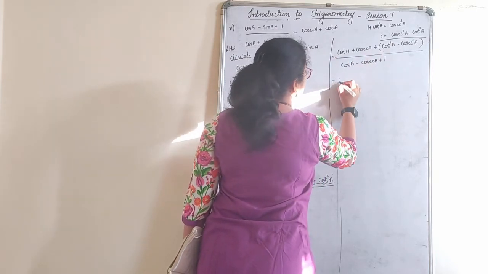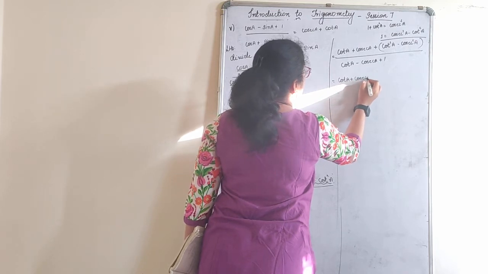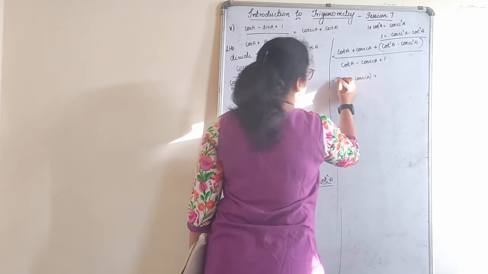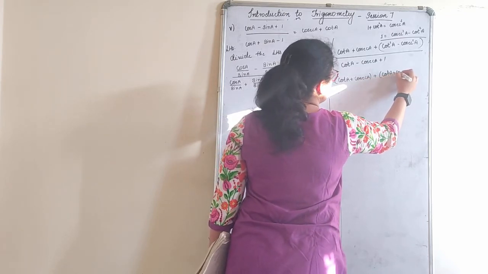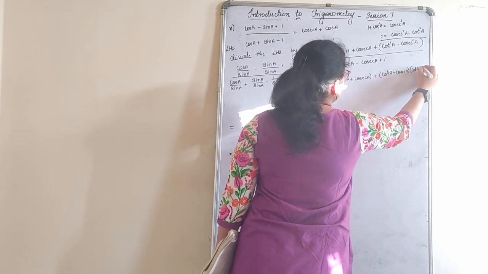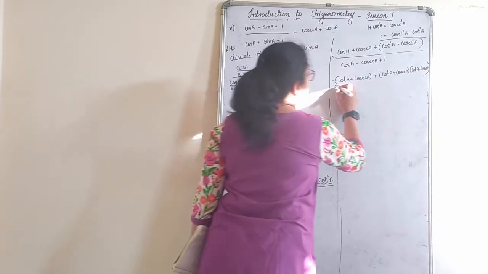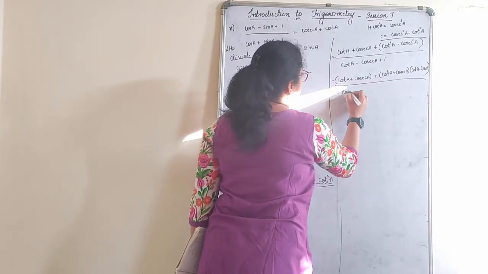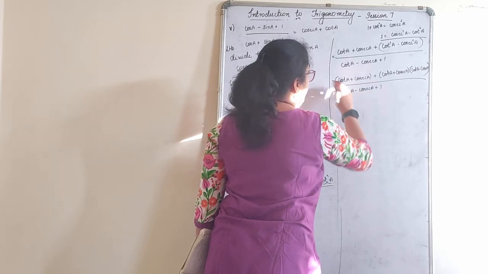A plus B, A minus B. Cot A plus cosec A plus cot A plus cosec A, cot A minus cosec A, divided by cot A minus cosec A plus 1.